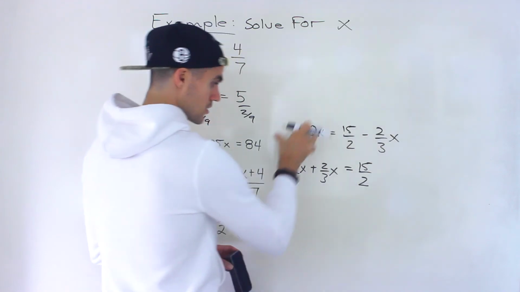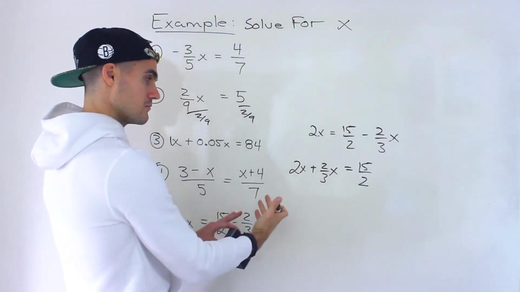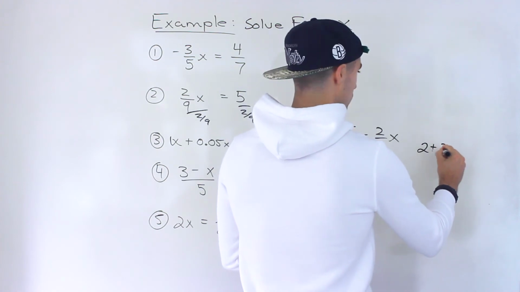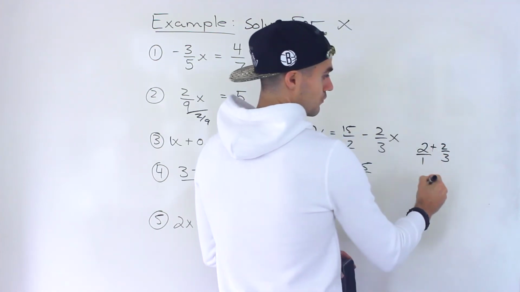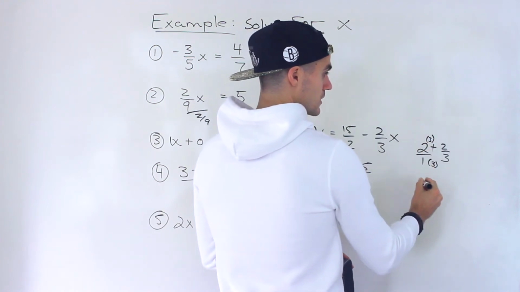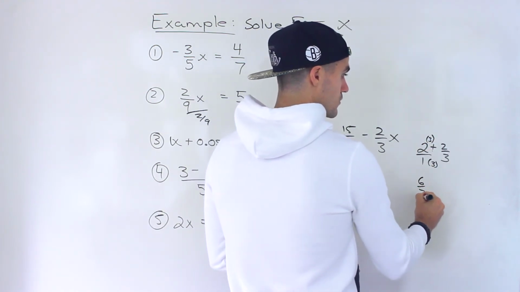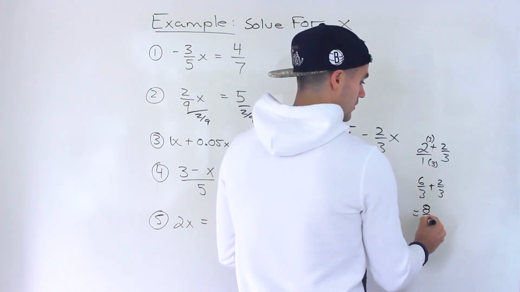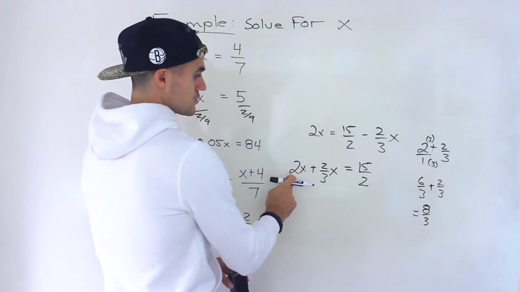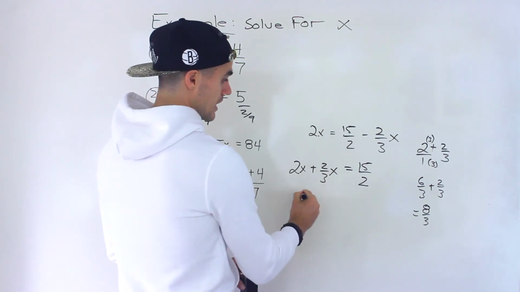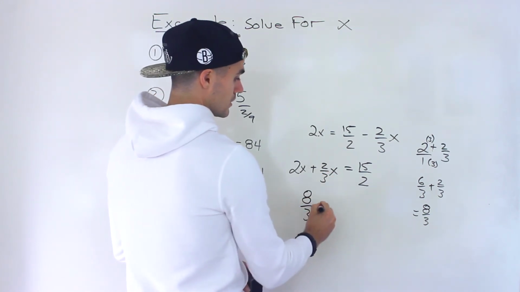So I'm bringing this over. Then I'm going to combine these two. What's 2 plus 2 over 3? It's like 2 over 1 plus 2 over 3. Multiply this by 3, multiply this by 3. So it would be 6 over 3 plus 2 over 3, which would give us 8 over 3. So 2 plus 2 over 3 gives us 8 over 3.